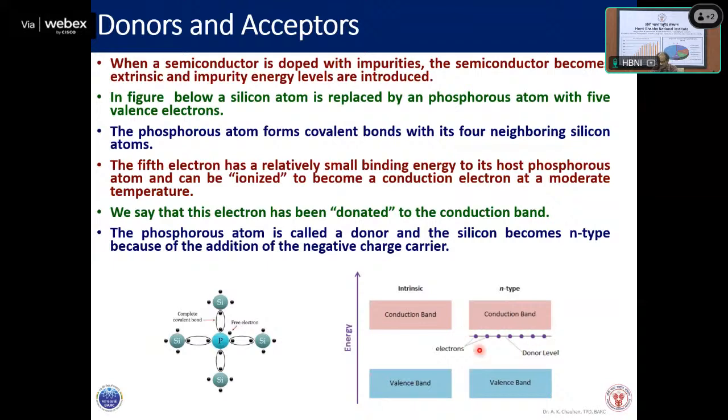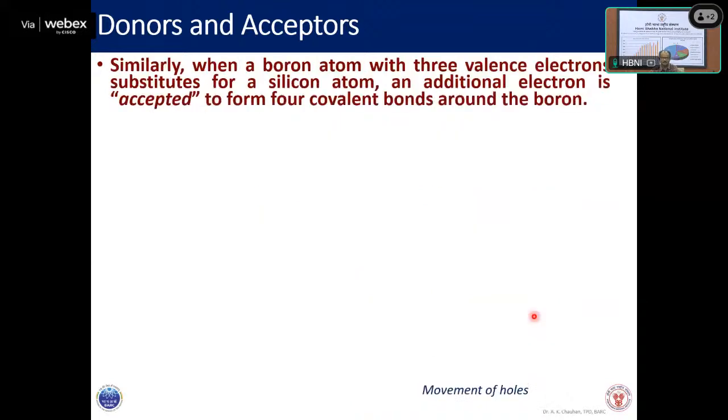This distance looks quite large, but it is actually very near the conduction band. It is so near that at room temperature, all these donor electrons are in the conduction band in an n-type semiconductor.